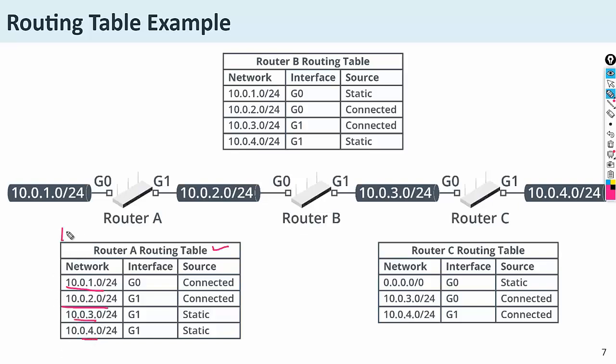But what happens if a packet is coming for the network 192.168.1.0? So what will this router do? Because this network entry does not exist inside the routing table, what will the router do? The router will just discard the packet.